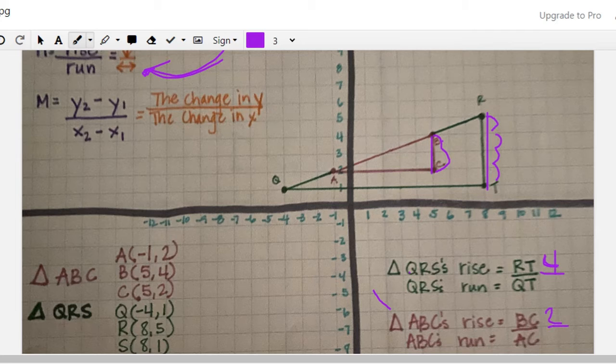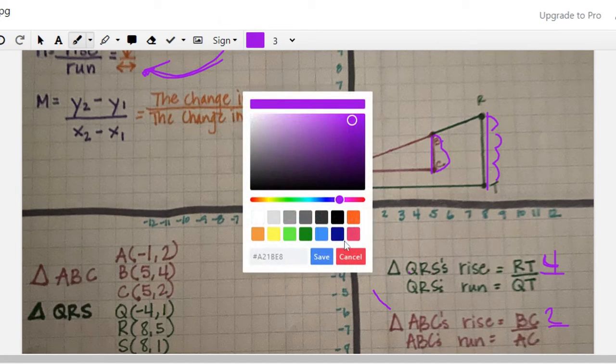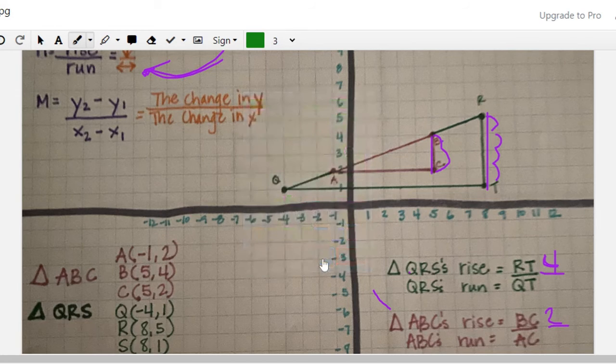All right, next, let me change colors for this one. I'll pick a green. Next is the run. Triangle QRS's run is QT. So this is the run. It doesn't show up very well, does it?